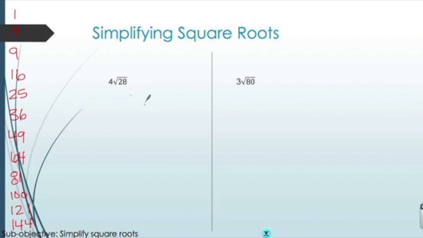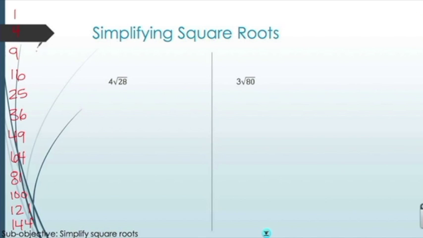To simplify a square root, we want to take everything out from underneath the radical that we can. Since 28 is not found in the list, it lands in between 25 and 36. So we can see 28 is not a perfect square. We want to remove any perfect square factors that go into 28.